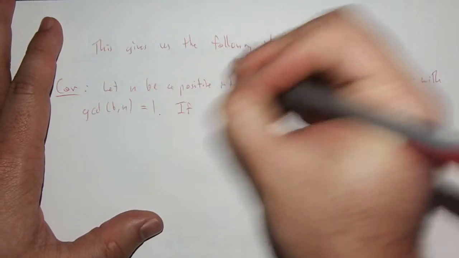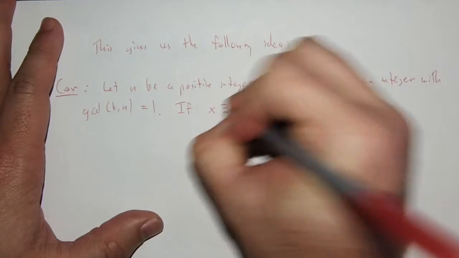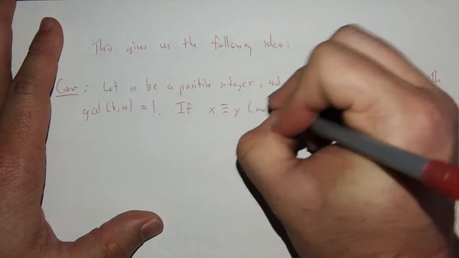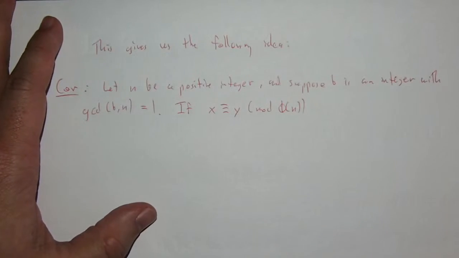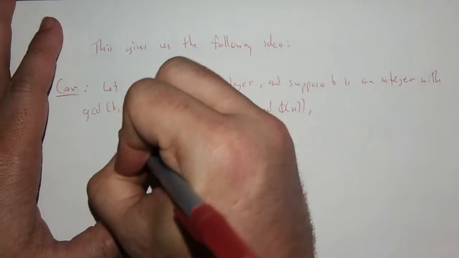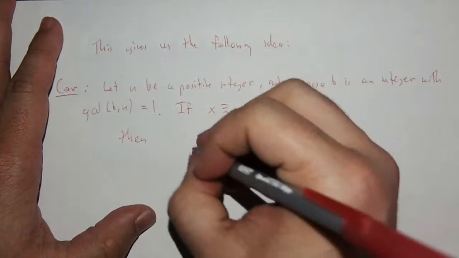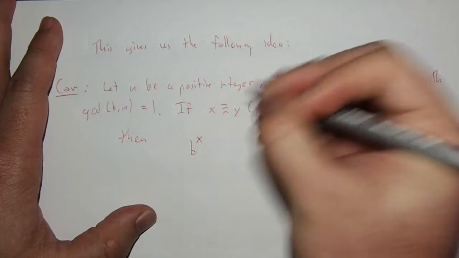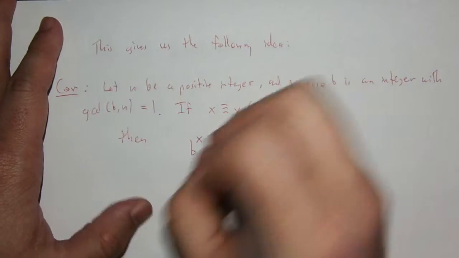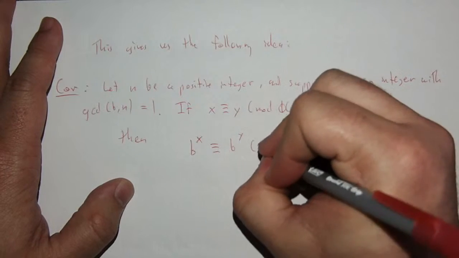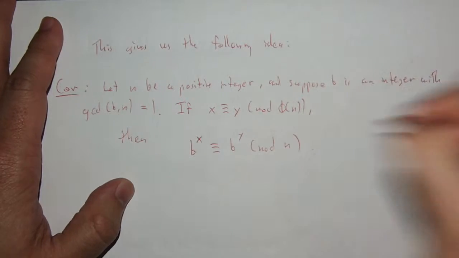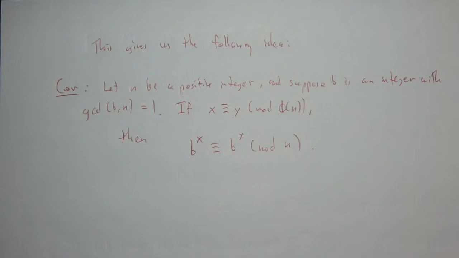And if x is congruent to y mod phi of n, then b to the x is congruent to b to the y mod n.